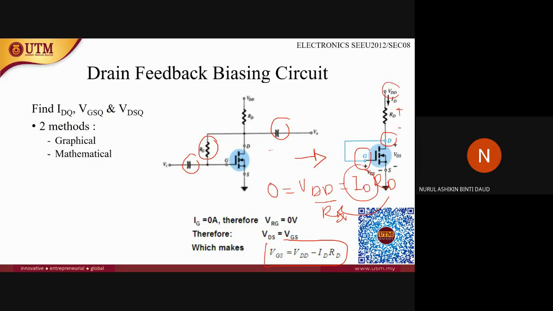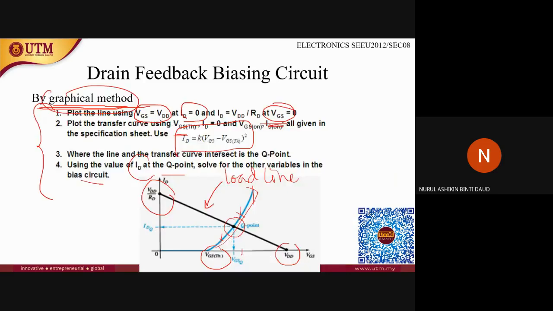This is positive, and current comes towards here, positive, and current comes out through the source, so it's going to be negative. So the VDS is here and VGS is here. Let's look at the input loop.